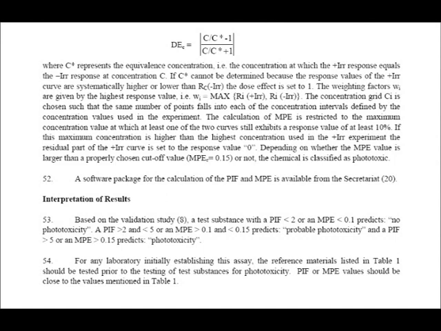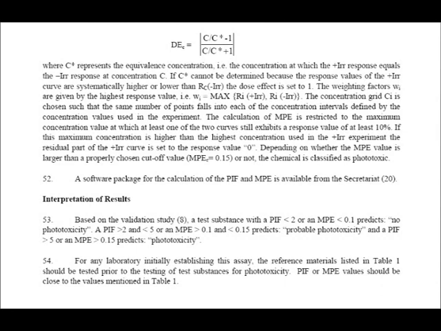It reads, based on the validation study, a test substance with a PIF, which stands for photoirritation factor, less than 2, or an MPE, a mean photo effect, less than 0.1, predicts no phototoxicity.